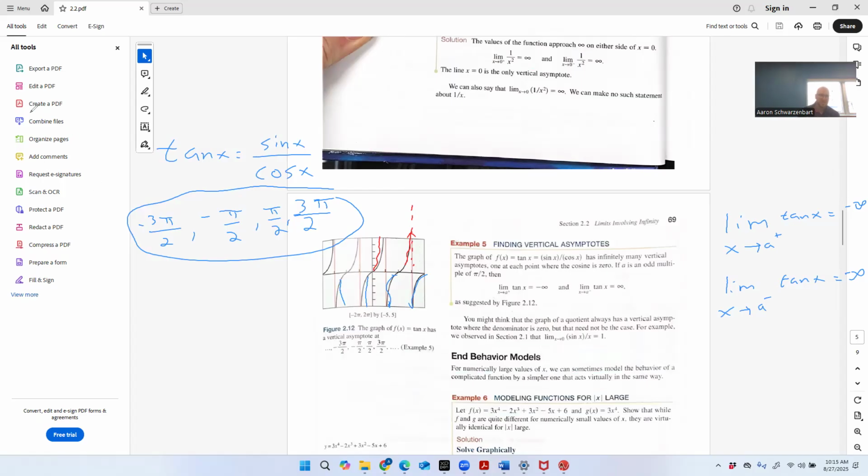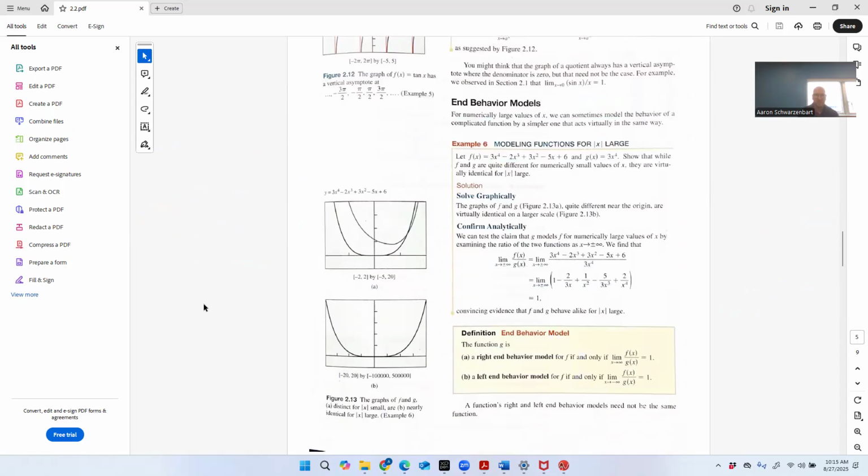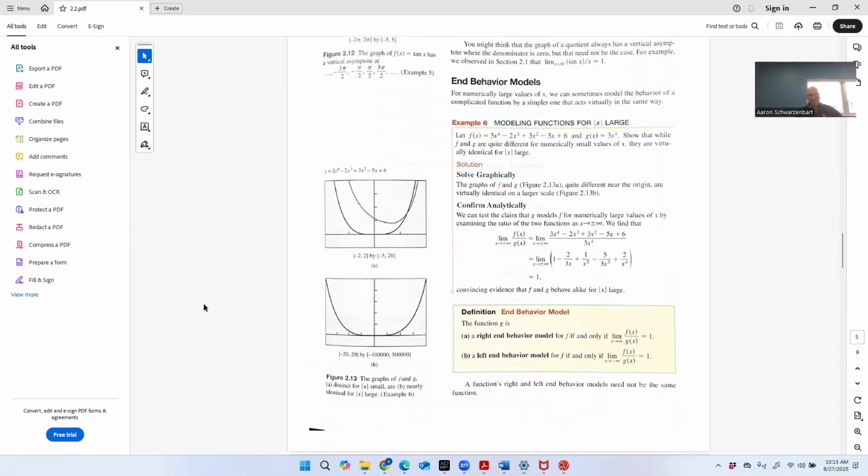Well, we will often use these for what we call end behavior models. An end behavior model is simply a model that the function approaches as I go towards its ends. End behavior being way out on the positive or negative x-axis.